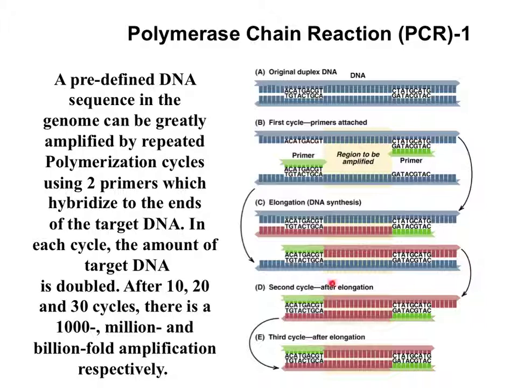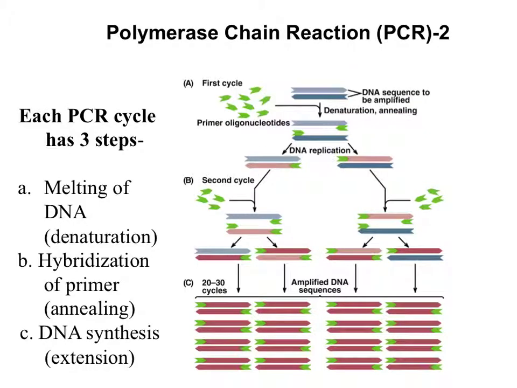Then you can do this iteratively, with a second cycle after elongation and a third cycle. In each cycle, the amount of target DNA is doubled. So after 10, 20, and 30 cycles, there's about a thousand-fold, a million-fold, and a billion-fold amplification.